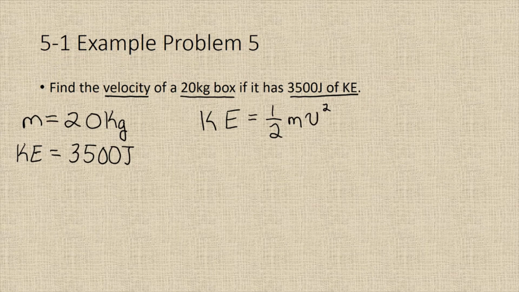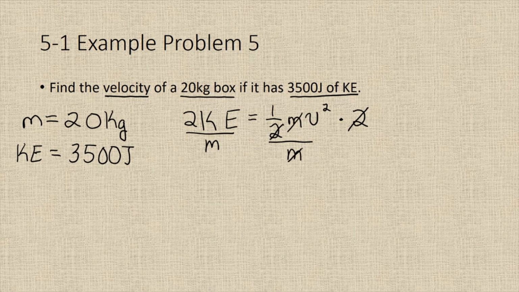In order to get velocity by itself, start by multiplying both sides by 2. That's going to get rid of the 1/2. Then divide both sides by the mass. That gets rid of the mass on the right-hand side.